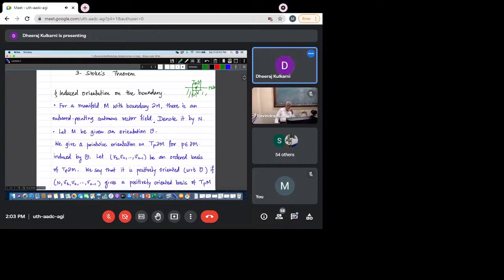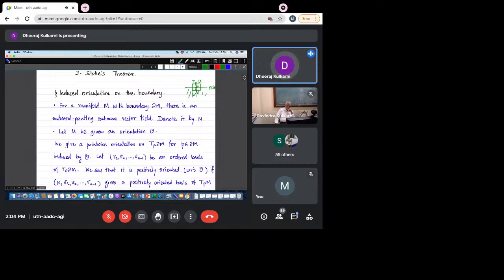Right. So the tangent space at boundary points has dimension n, and here there is a certain sense of inward and outward, because if you have a path that is approaching the boundary point, its tangent vector at the point p is going to point outward because the path is going towards the boundary.